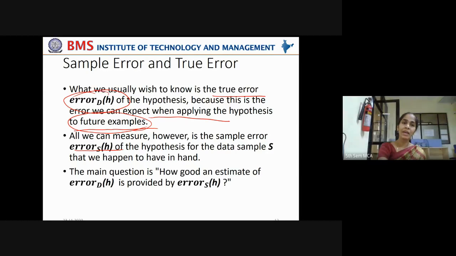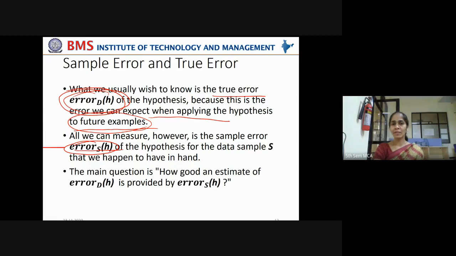So though we are interested in true error, we can calculate only sample error. That is why you have to draw a representative sample for working with the data. A representative sample will give lesser sample error as well as lesser true error.